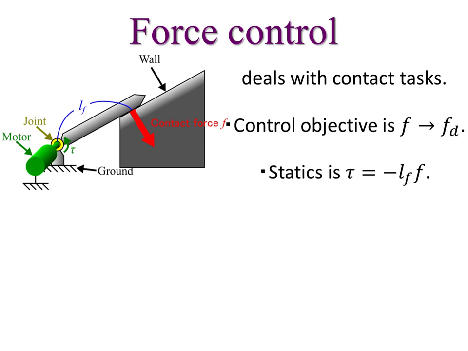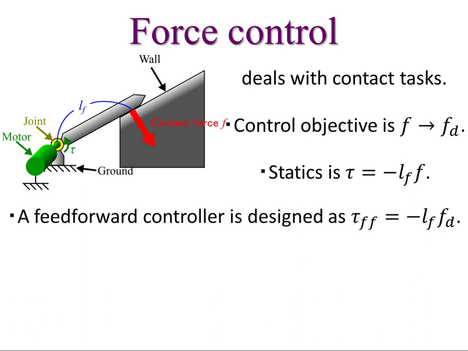When the robot is at rest, the force F can be derived from the statics, as shown in this equation, where tau is the torque exerted by the actuator attached to the joint and Lf is the distance from the joint to the contact point. In force control, we use a feed-forward torque tau Ff such that the robot pushes the object with the desired force Fd.